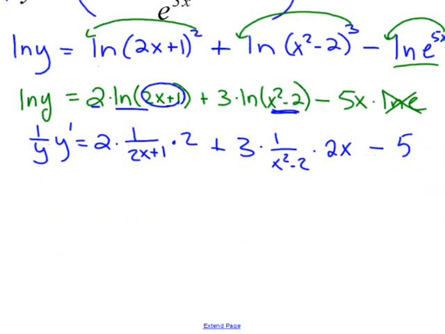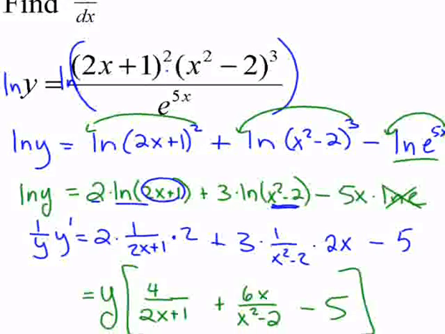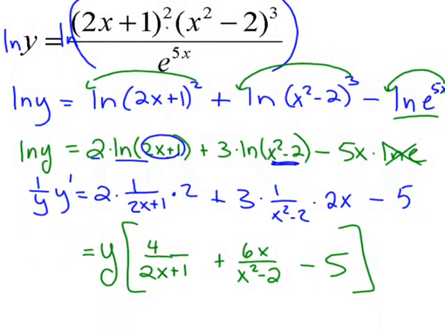All right, let's just do some little simplification over here. So I'm going to put the 2's together. I'm going to move the y over here, so it's going to be y times all this stuff. So it's going to be 4 over 2x plus 1 plus 6x over x squared minus 2 minus 5. And then all we have to do is plug the y back in, which is all of that stuff.